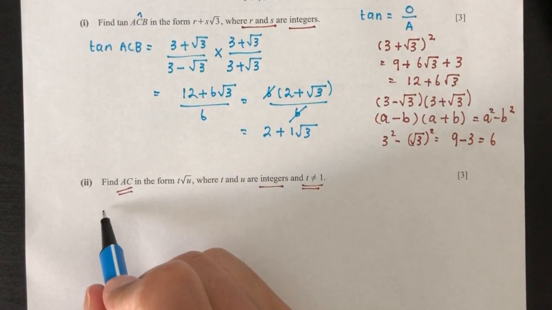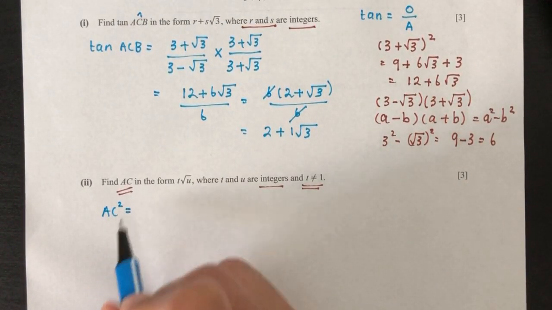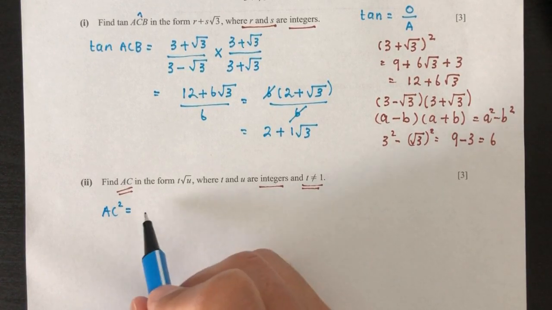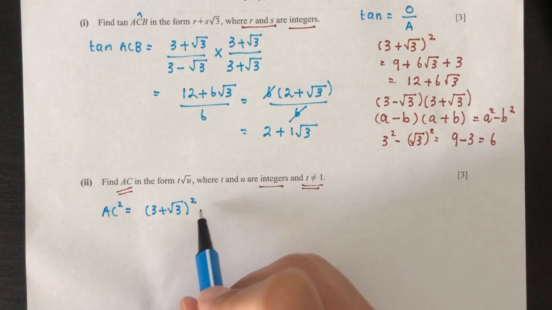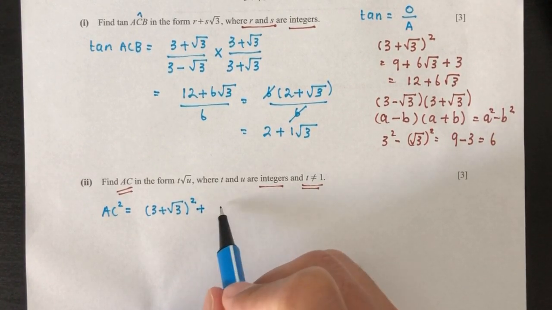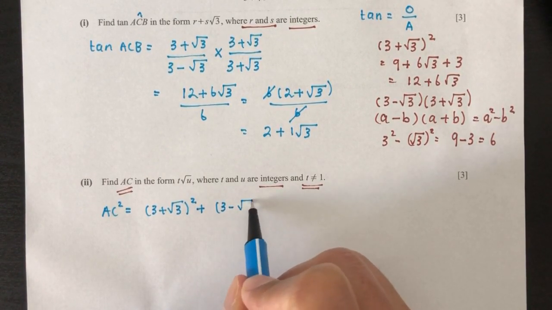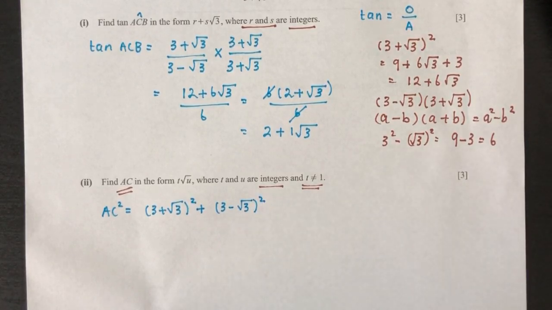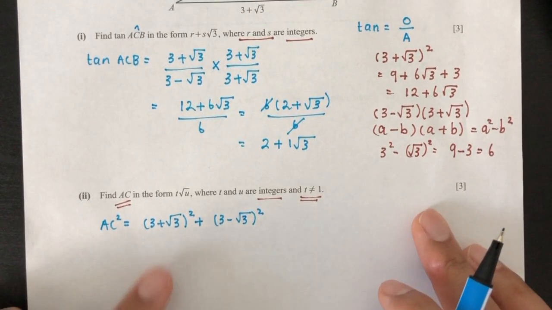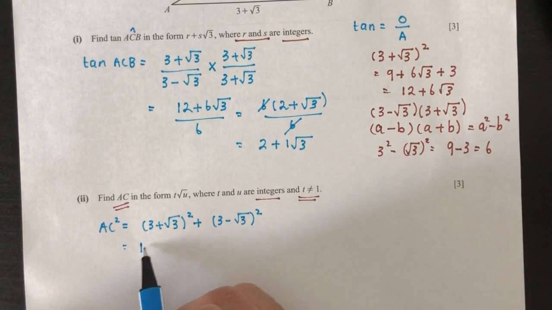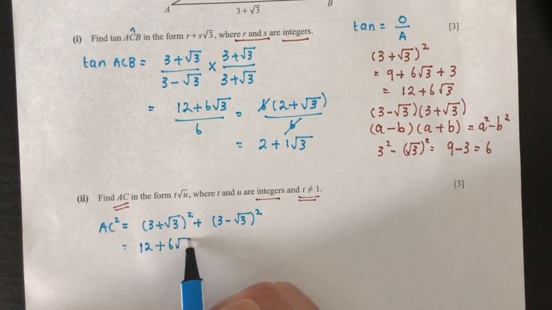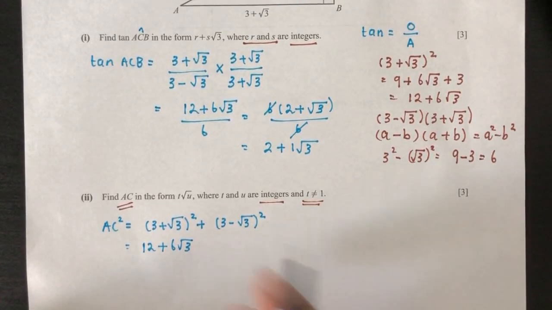Here we have AC squared equal to AB squared, which is 3 plus root 3 squared, plus BC squared, which is 3 minus root 3 squared. If you simplify this, as you have seen, this becomes 12 plus 6 root 3. How about this one?